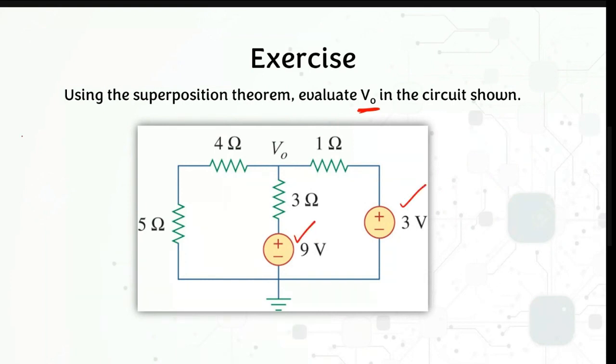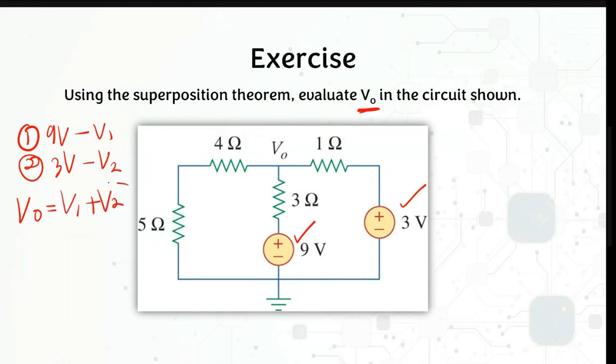So let's say the 9 volt gives V1, and the 3 volt gives V2, and obviously V naught is V1 plus V2. You need to calculate V naught from the 9 volt source and also the 3 volt source.